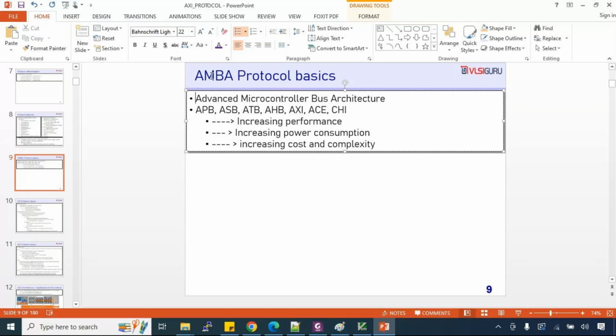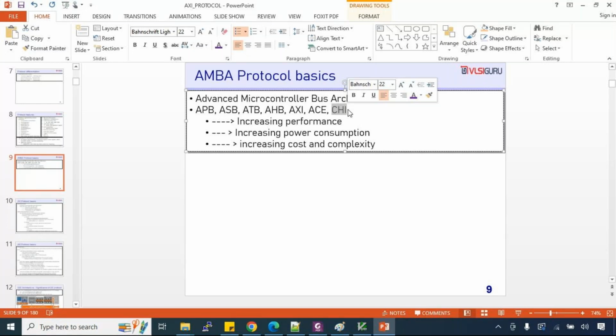AMBA stands for Advanced Microcontroller Bus Architecture. There are various types of AMBA protocols: APB, ASB, ATB, AHB, AXI, ACE, CHI. This is the most complex protocol. It consists of almost 7-8 different protocols.